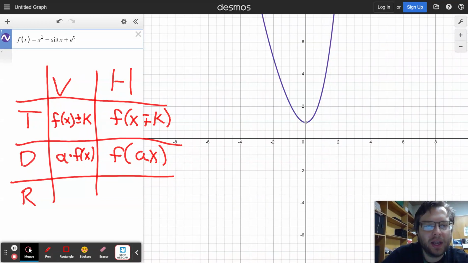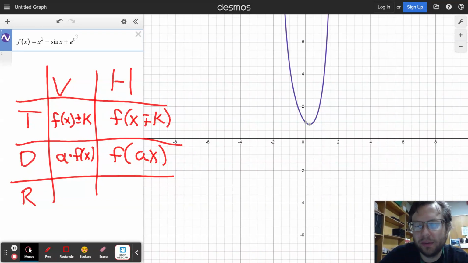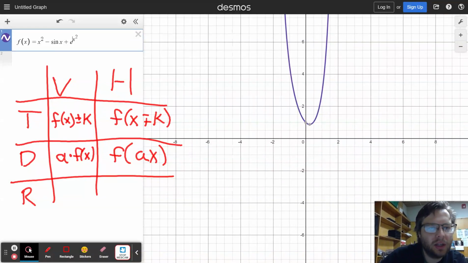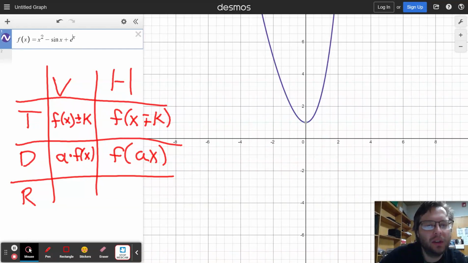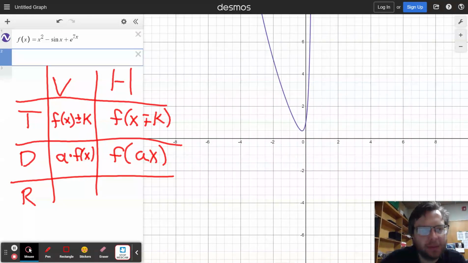Let's do e to x squared. Whatever, we're going to deal with this. Let's make it interesting. Oh, e to the x squared is not going to do what I want. E to the 7x. Okay, there we go. It's a little lopsided. That's what I wanted. So that's my parent function for what it's worth. I could have done it with any of the parent functions, but I was being picky.